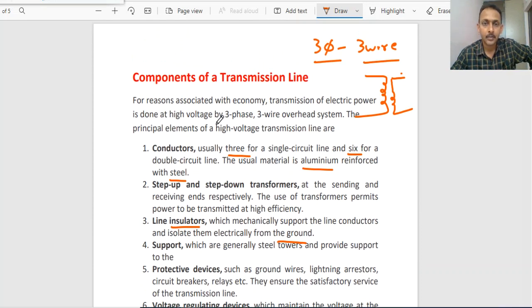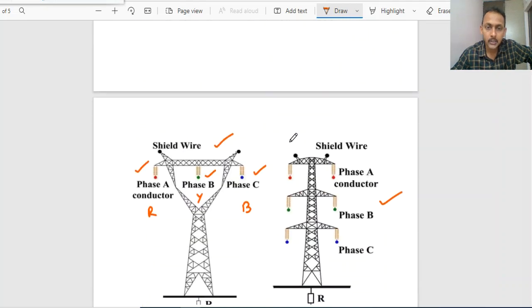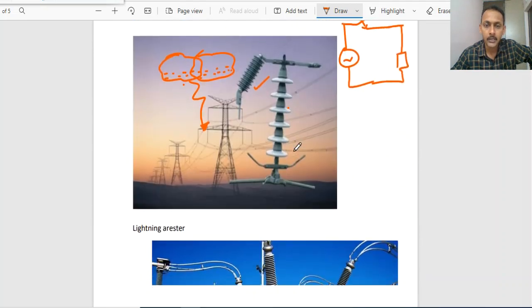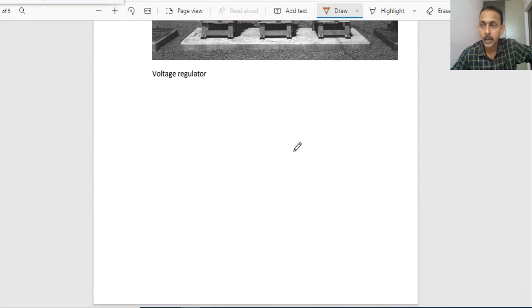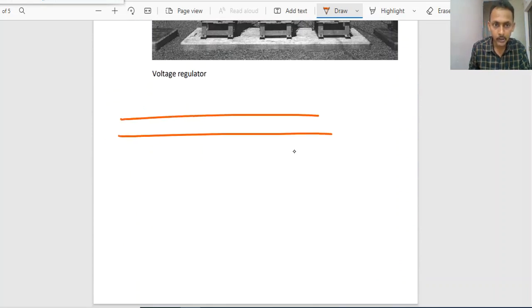Yeah. Of course, dear students, it is not there in your syllabus, I think. With respect to electrical engineering, while discussing transmission lines, these are nothing but the conductors only.